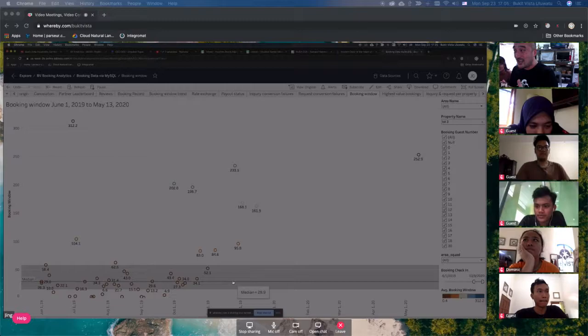So let's take a look at the beginning of history, which means we drag this all the way to 2013. Aha! Now we see way more check-ins. Now we see way more bookings because now we look at everything that's happened since the beginning of history. Not since June 2019. Since the beginning of Lot 3's booking history.